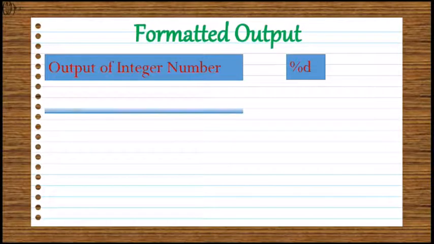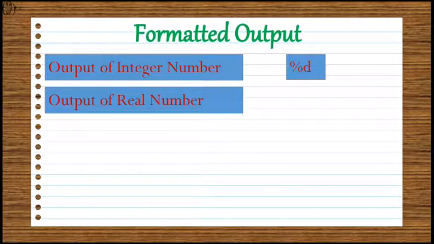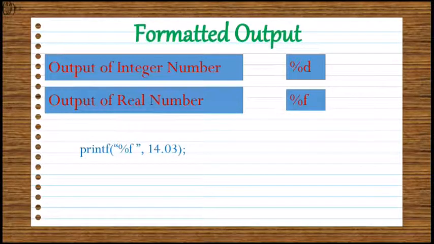Next type is output of real number. The format specification for printing a real number is %f. For example, printf %f, then 14.03.